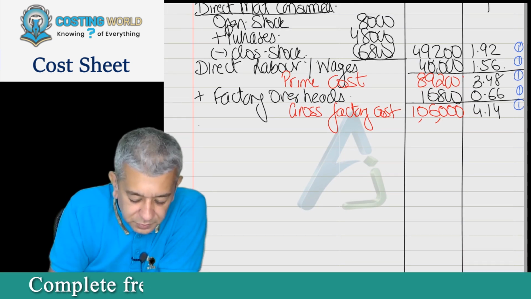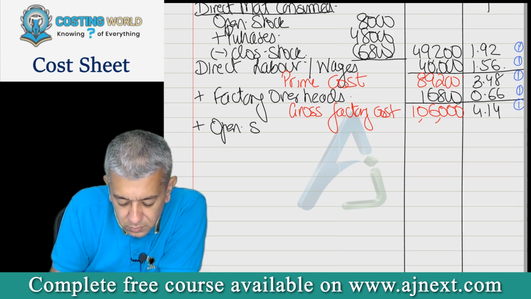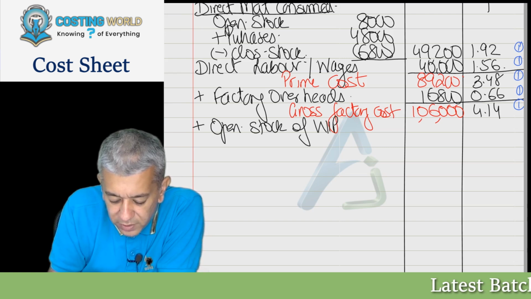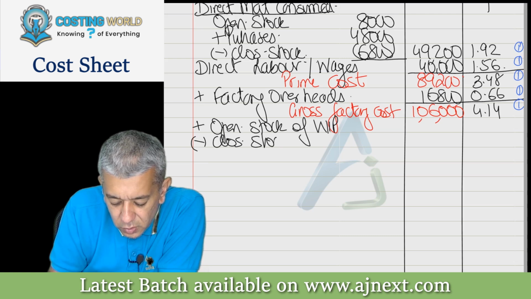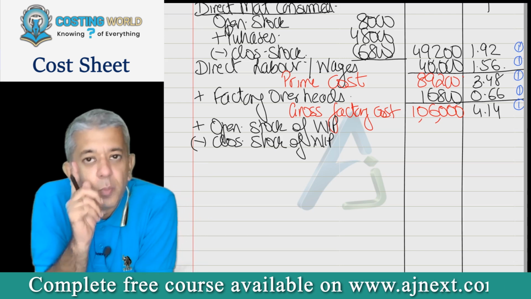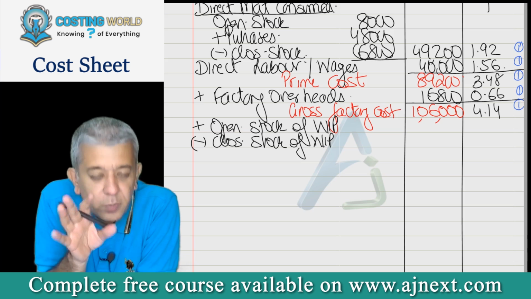Now, further, add opening stock of WIP less closing stock of WIP. Now, one more rule in all your subjects from now, whichever subjects you all will be doing.